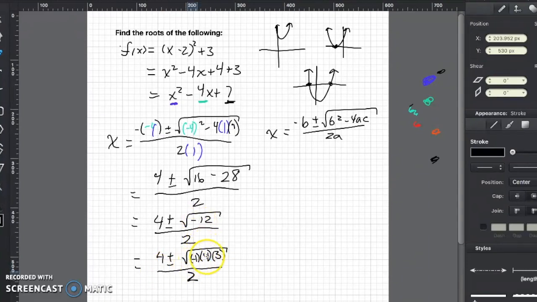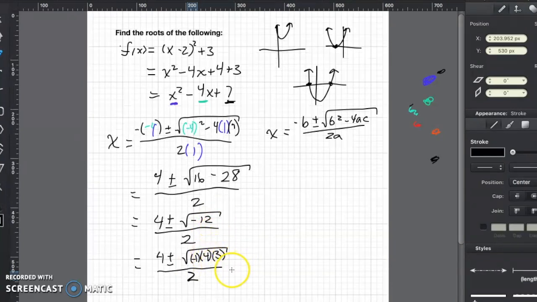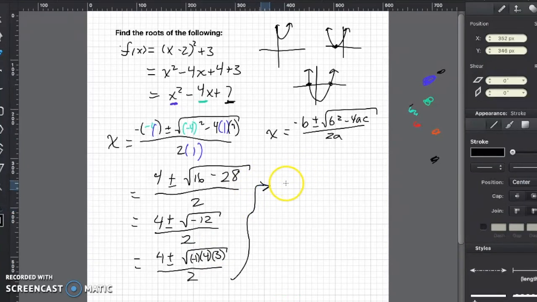That 12 is equal to negative 1 times 4 times 3. And that 4 can be seen as a 2 squared. So I'm going to have a 4 plus or minus. Let's see what I could take out. Well, I could take out a 2, right? 2 squared is 4. So I'm going to take out a 2, i radical 3, all over 2.